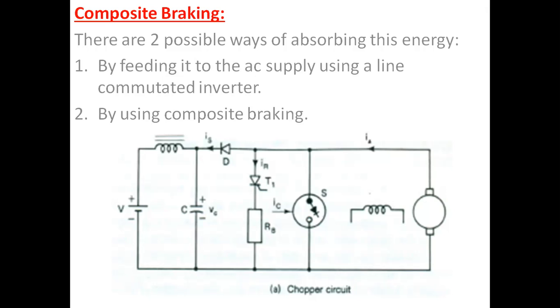And the second one is by using composite braking, which is what I am explaining now. You can see in the figure a composite braking: the braking resistor RA and the thyristor T1. See here the braking resistor RA.